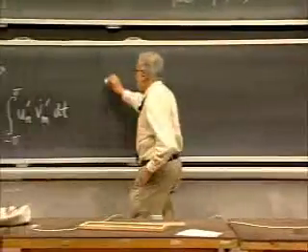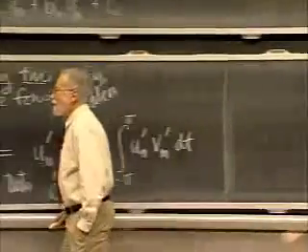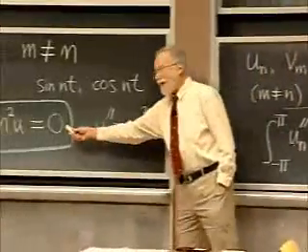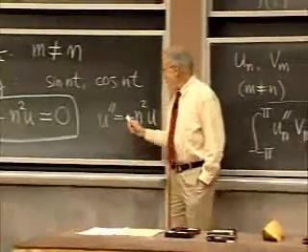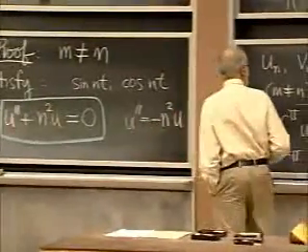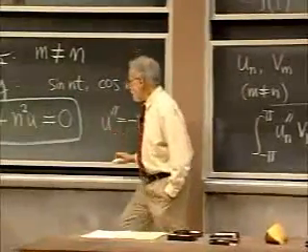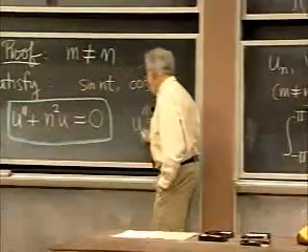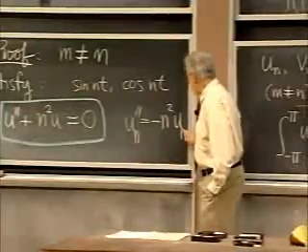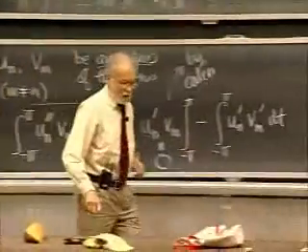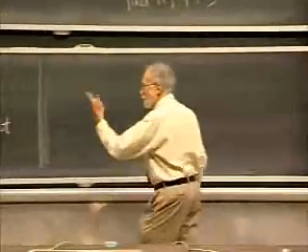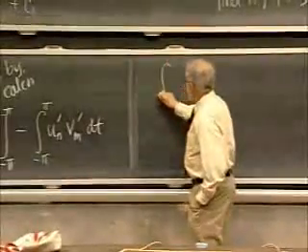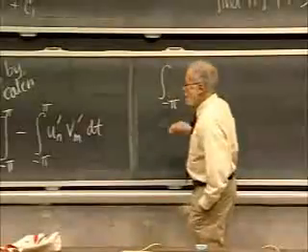Okay, now we're going to use the fact that this satisfies the differential equation. In other words, that u double prime is equal to minus n squared times u. I'm sorry, I should have subscripted this. If that's the solution, then this is equal to that. You have to put in the subscript, otherwise the n wouldn't matter. All right. I'm now going to take that expression and evaluate it differently.